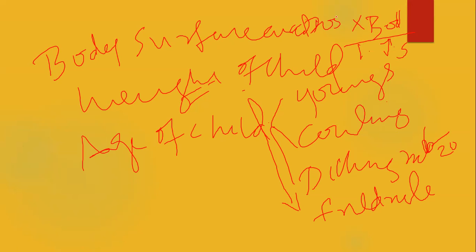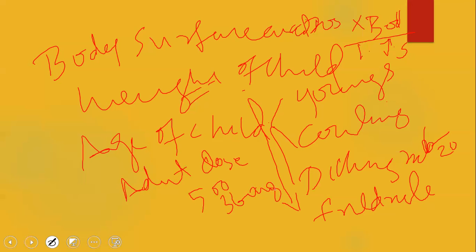Suppose the question is given as follows. In all the previous questions we have seen adult doses of 500 mg or 360 mg, like that. Now, suppose you are given a dose per kilogram. Suppose the dose is given as 460 microgram per kilogram. Then how can we calculate the dose?